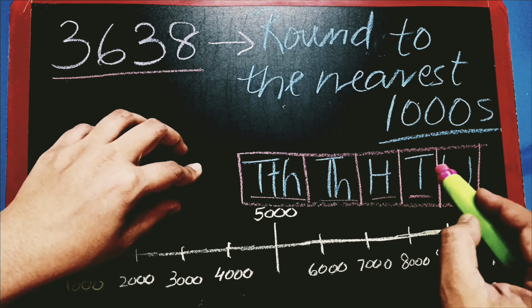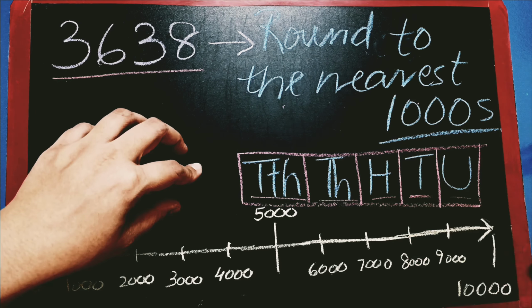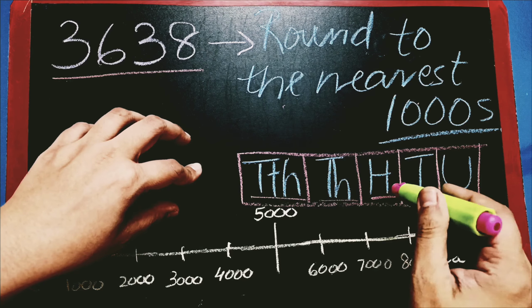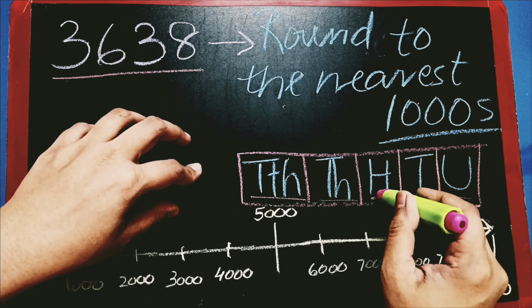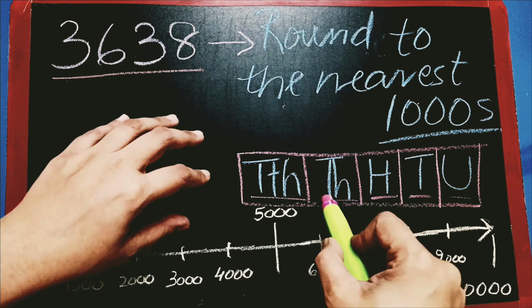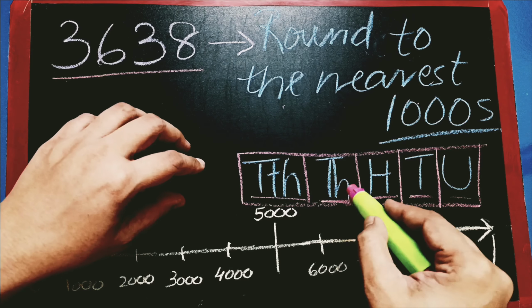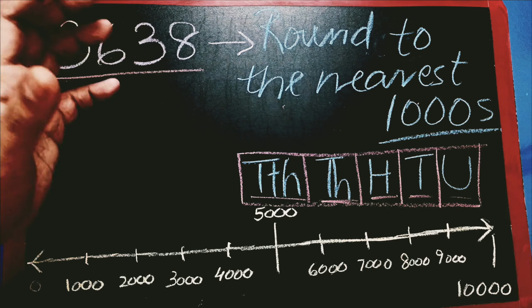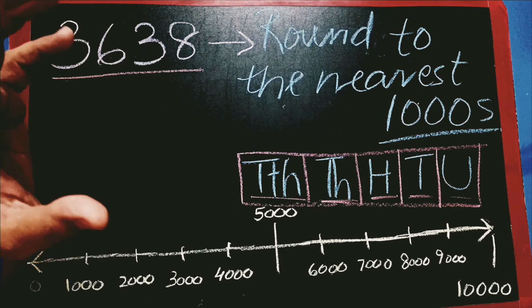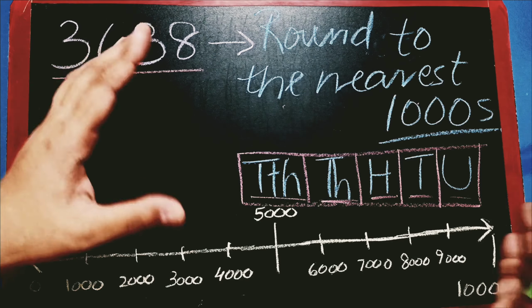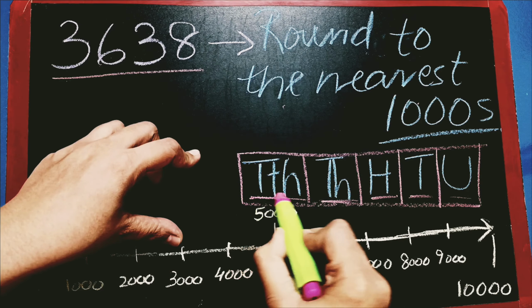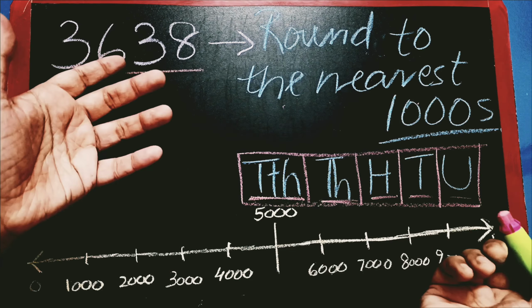When we add 10 groups of tens, it becomes 100, and when we add 10 groups of hundreds, it becomes 1000, and when 10 groups of thousands are added, it gives us the count of 10,000s.